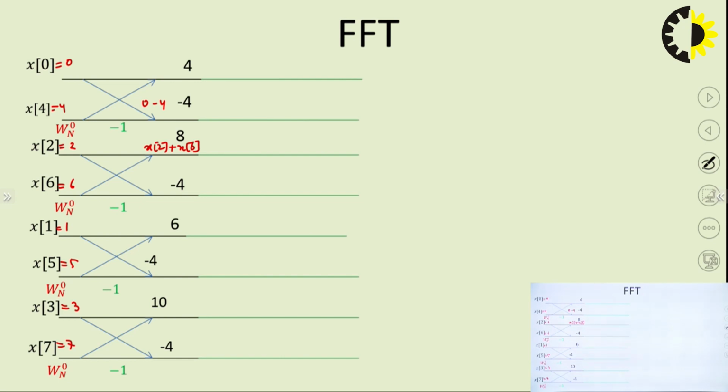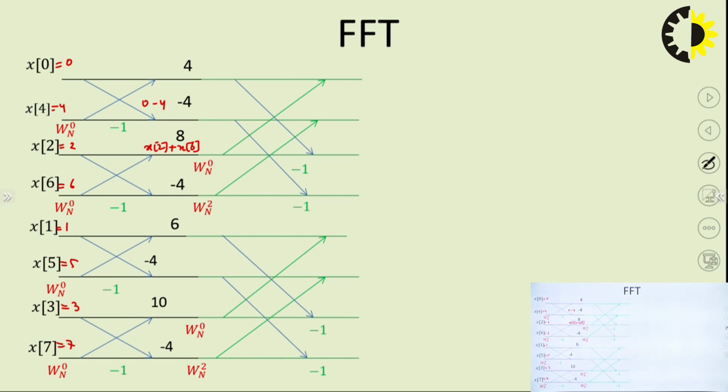In the next stage, the connections are like this. The first goes to the third, the second goes to the fourth, and vice versa. Similarly, for the next stage, the decimation is like this. The twiddle factor values are Wn raised to the power 0 and 2.